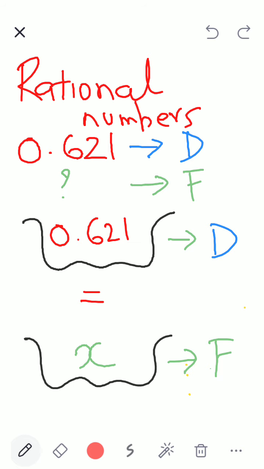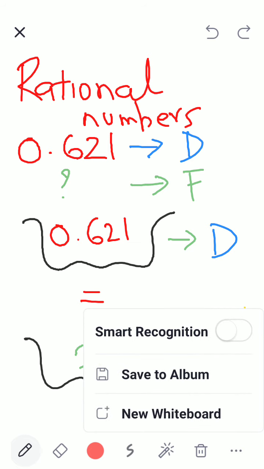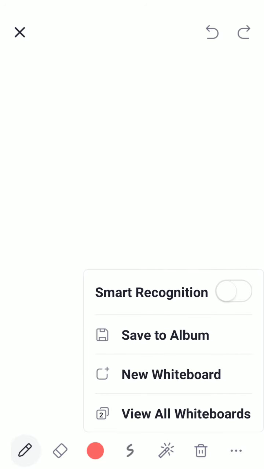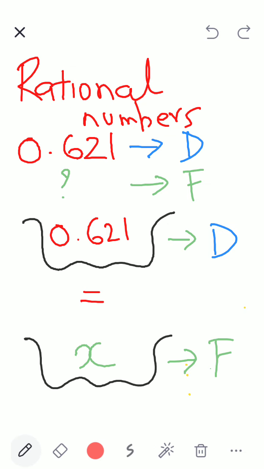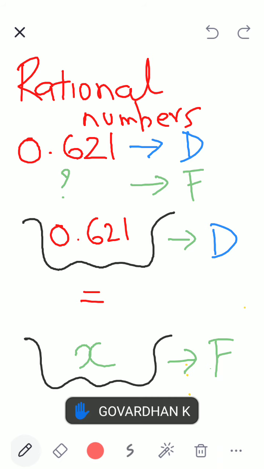So what is my first step? Children? Yes, correct. Yes, Govardhan.